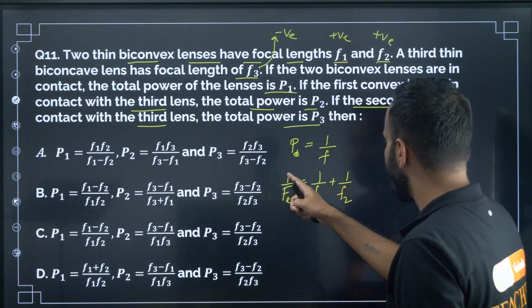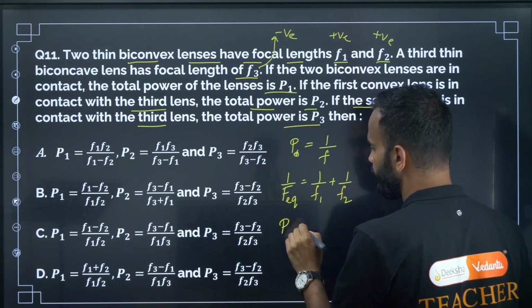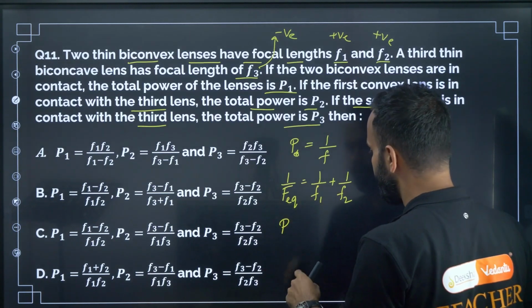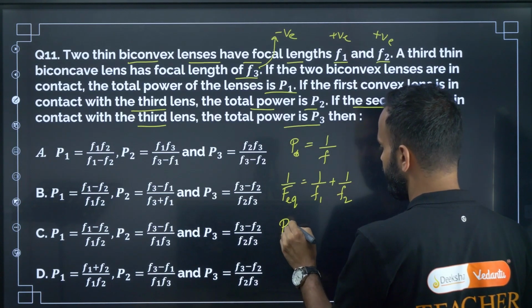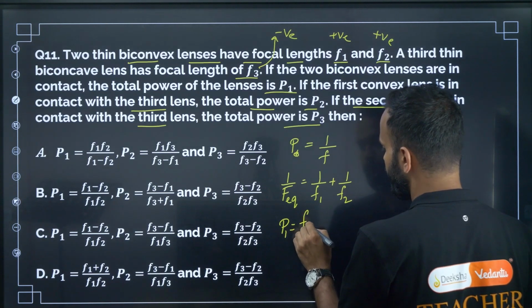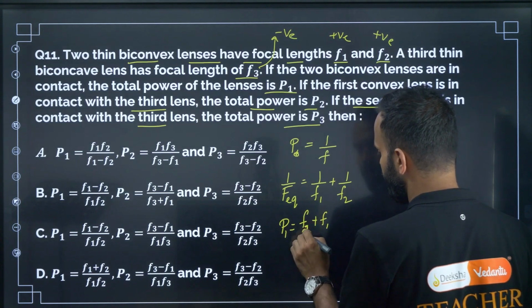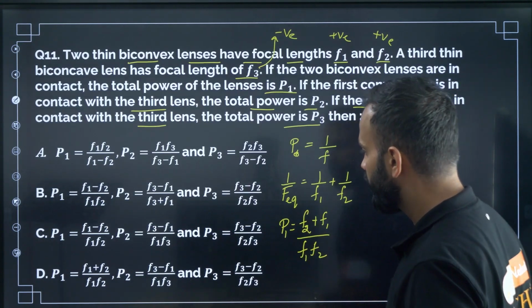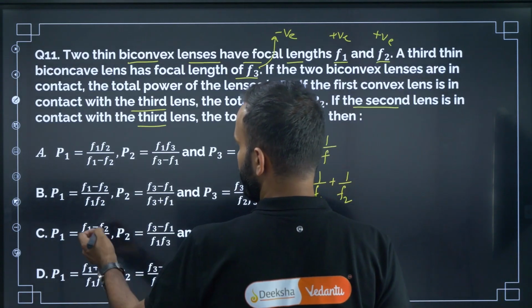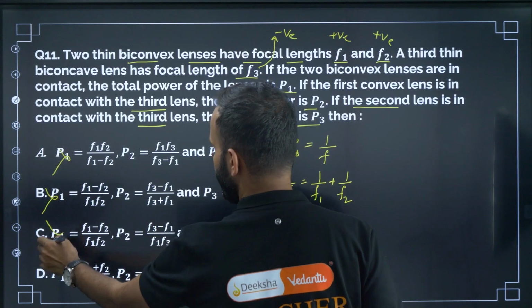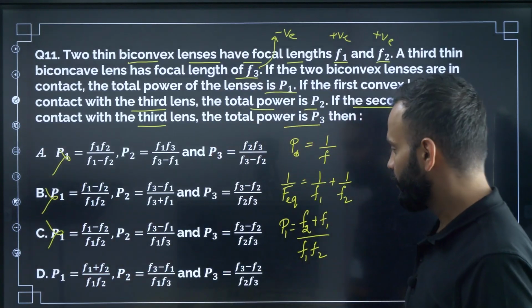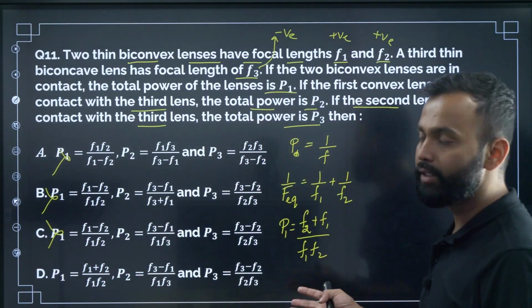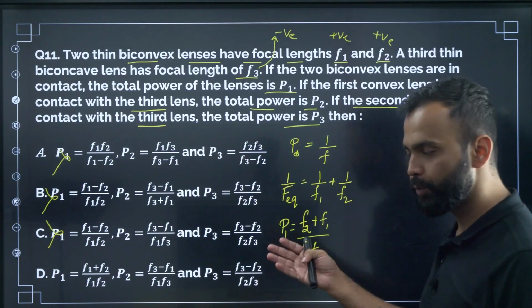So 1 divided by F equivalent is the power of the combination of lenses. P1 is equal to F2 plus F1 divided by F1 into F2. So options A, B, C are all eliminated. Anyway, option D is correct.